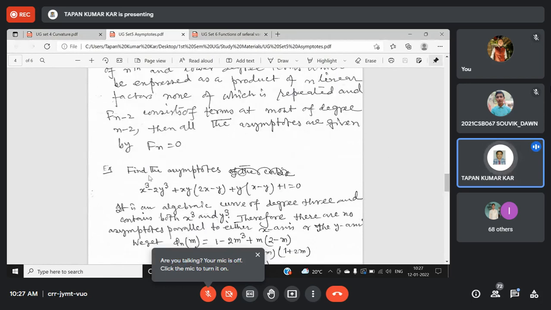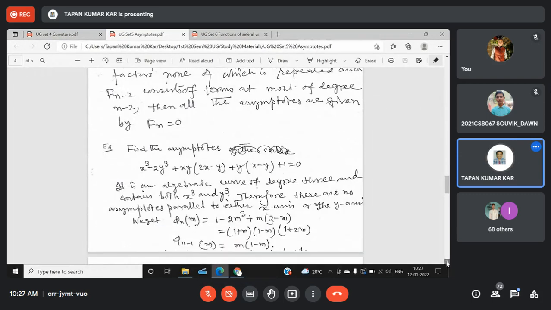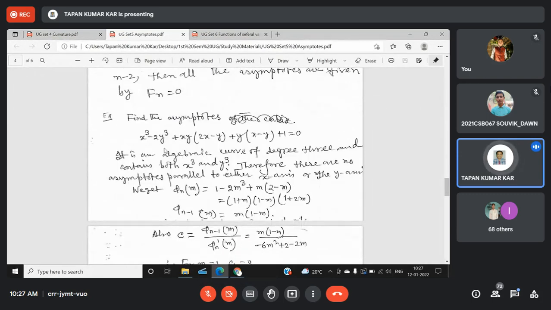Find the asymptotes of x cube minus 2y cube plus xy into 2x minus y plus y into yx minus y plus 1 equal to 0. First, what is the working rule? It is a cubic equation. First check whether y cube is present or not.